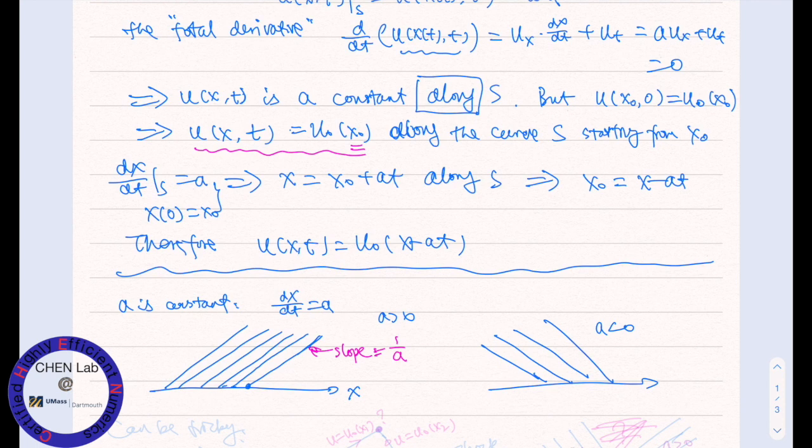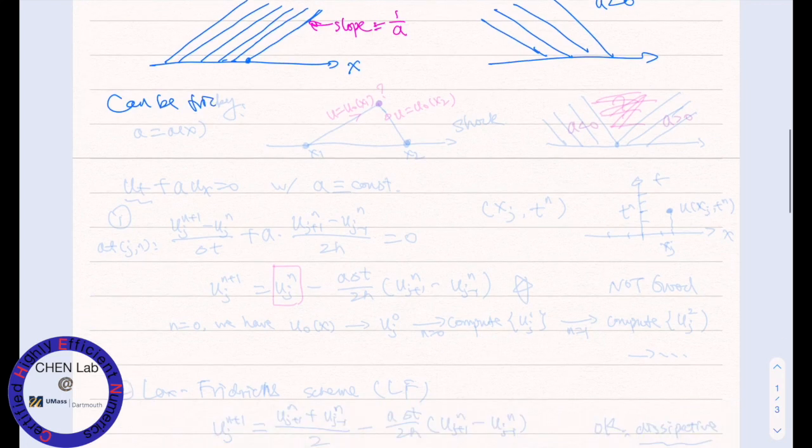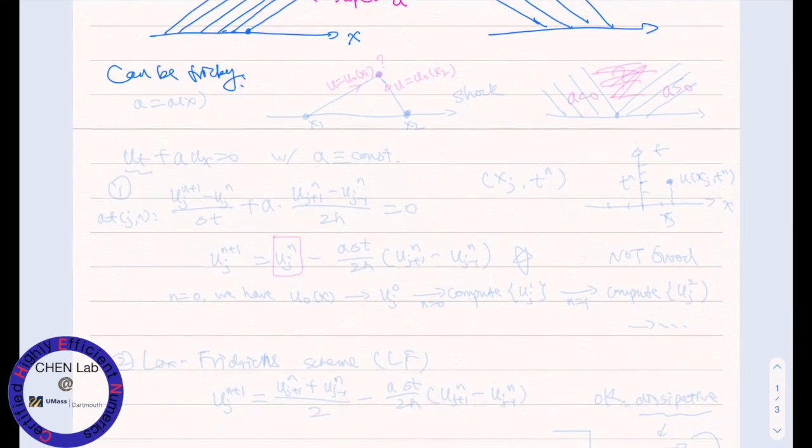It can be quite tricky, in the sense that if a is changing, if a is equal to a(x), an x-dependent function, maybe at this location it is positive, but at this location it is negative. So you keep following the characteristic, because we know if we follow the characteristic, the function stays constant along it.